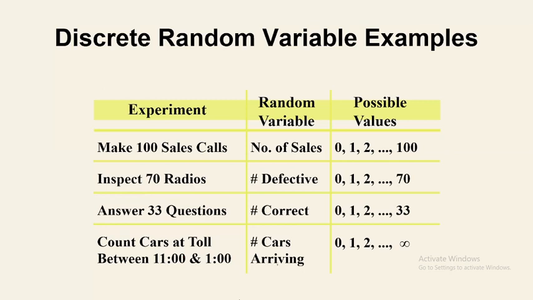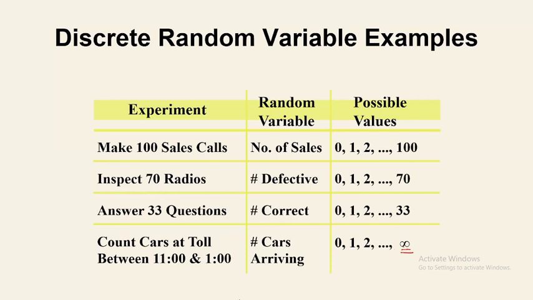Anyway, cars arriving between 11 and 1. We put it as 0, 1, 2 up to infinity. We don't know the maximum number, right? How many cars at maximum will arrive during this interval at the particular place, we don't know. So if we don't know the maximum number, we denote it by infinity.